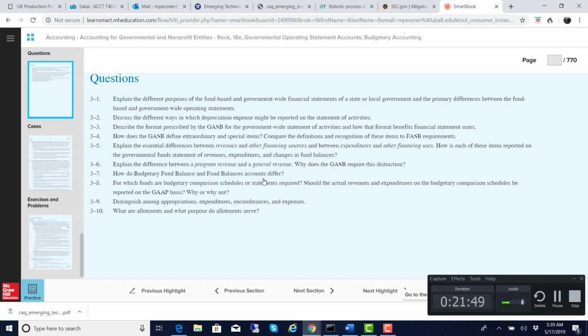You will see that again in federal accounting when we move on to that at the end of the semester. But first, a legislative body appropriates the funds, which basically estimates what the expenditures are going to be.